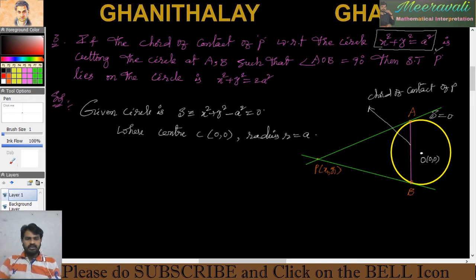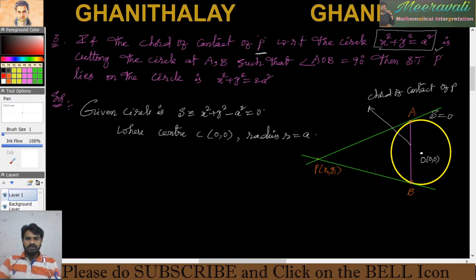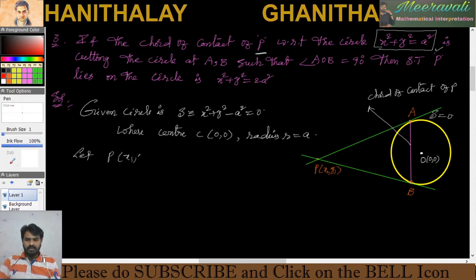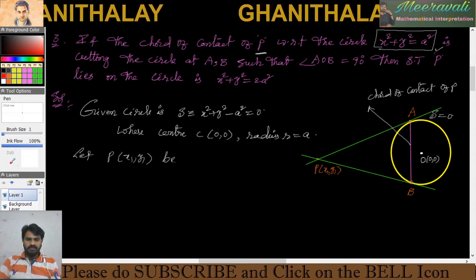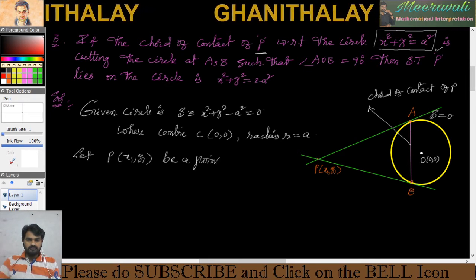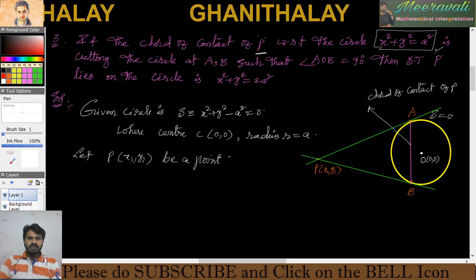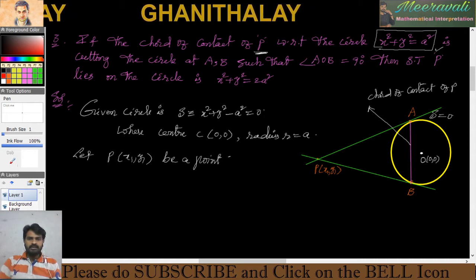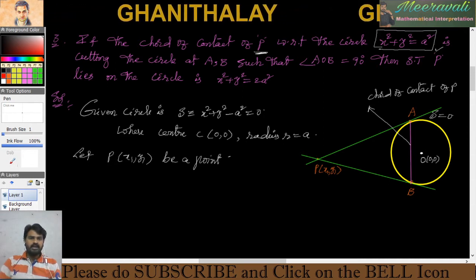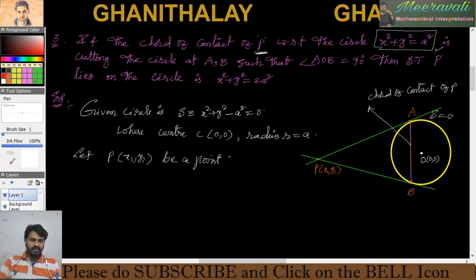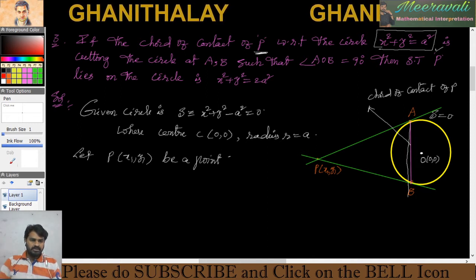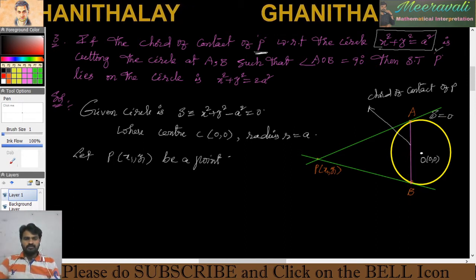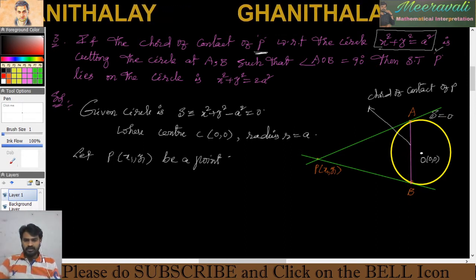So what is given here: let P be the exterior point of the circle. Let P(x1, y1) be a point. Here the chord of contact of P to the circle cuts the circle at A and B. This is the chord of contact, which will cut the circle at A and B. So first we have to find the chord of contact equation.